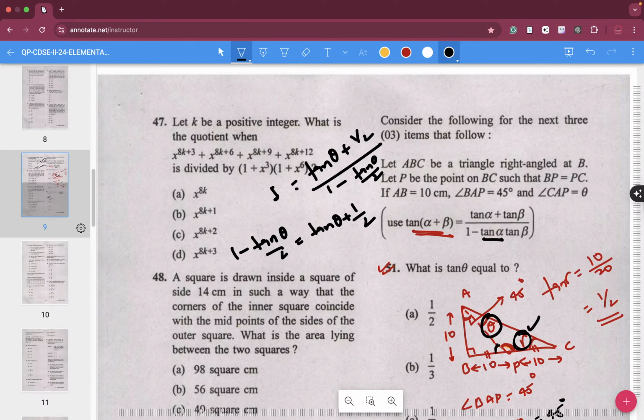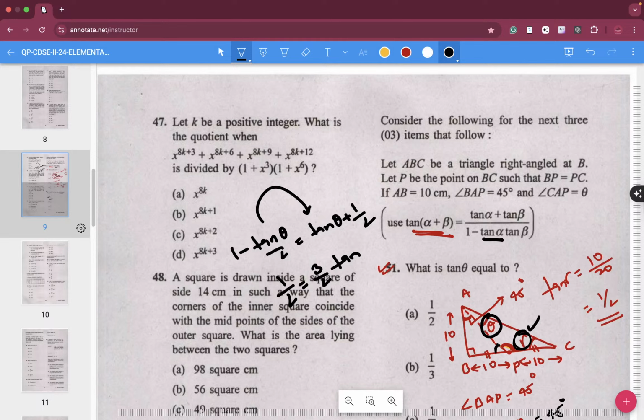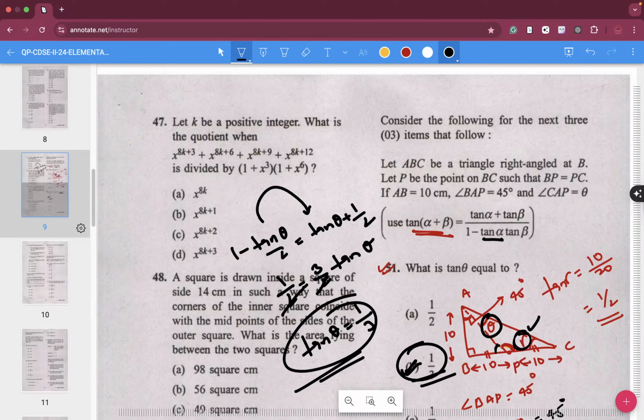Plus half, this is what you missed. Now if this one goes over here, 1 plus 1 by 2 is how much? 3 by 2. This one gone, this one gone. So tan theta is equal to 1 by 3.